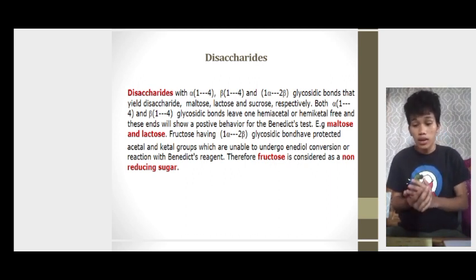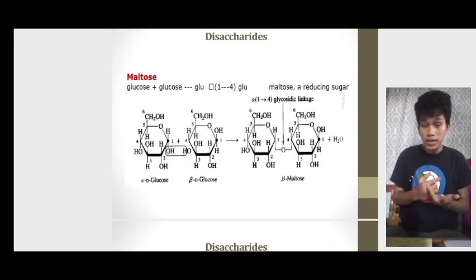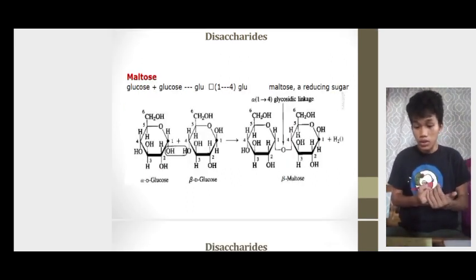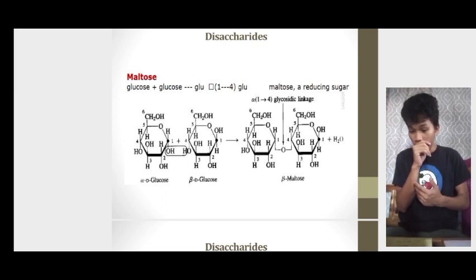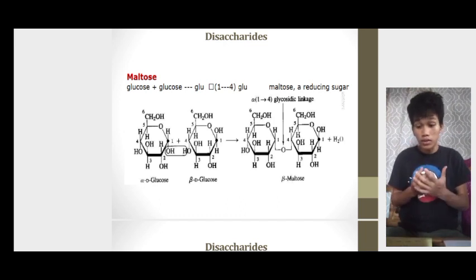Maltose can be naturally found in some foods such as grains, cereals, and fruits, and it is also produced during the germination of grains, which is why it is called malt sugar.